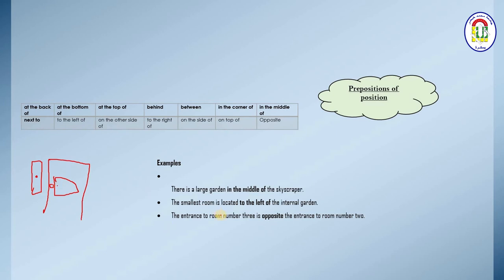The entrance to room number 3 is opposite the entrance to room number 2. So we have here room number 3. Sorry for this 3. And this is room number 2. Okay? Opposites. Opposites like this. This is opposites. So 2 and 3.